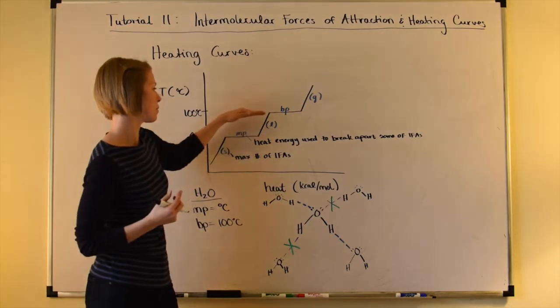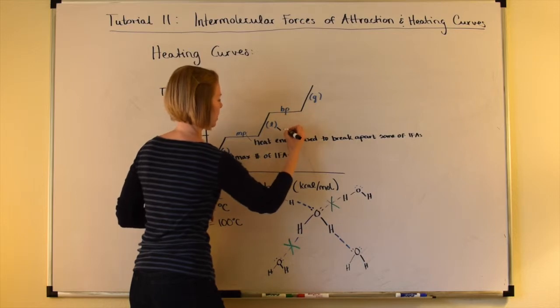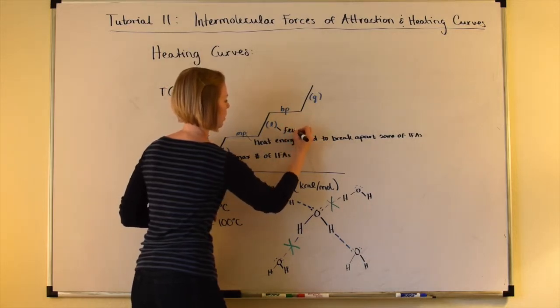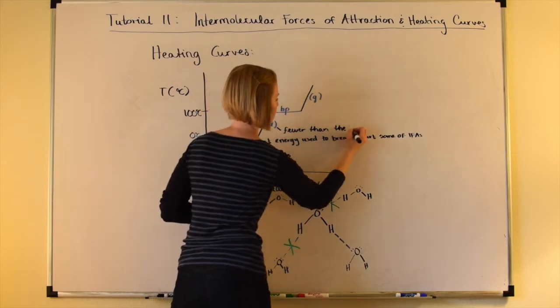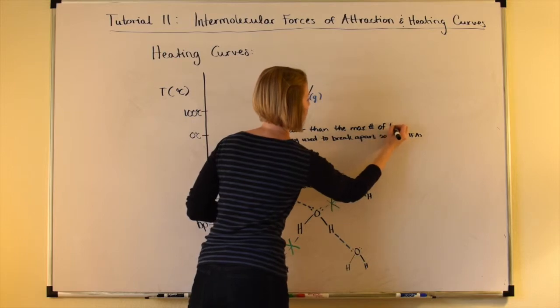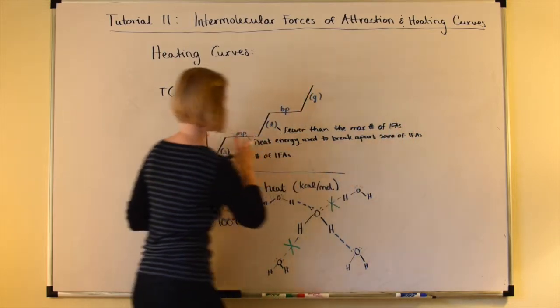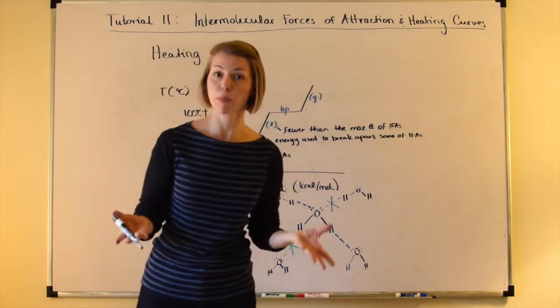And above that temperature, in the liquid phase, let's go ahead and write fewer than the maximum number of IFAs. Because we know at the melting point, some of those intermolecular forces of attraction were broken apart.